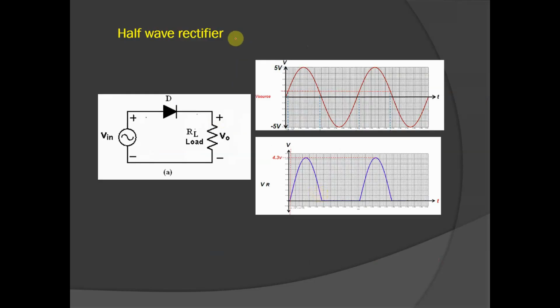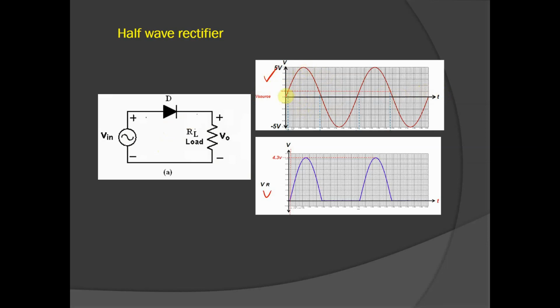Now, we talk about the half wave rectifier. This is the source, the waveform of the source. This is the waveform of VR here, the voltage across this resistor. Let us try to analyze. This voltage is increasing with respect to time, right?